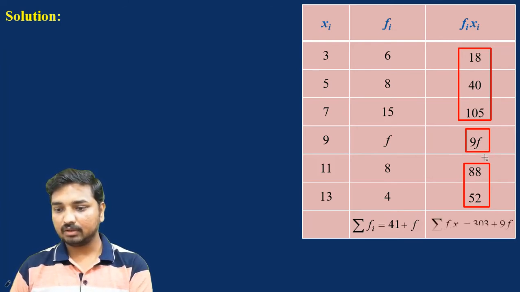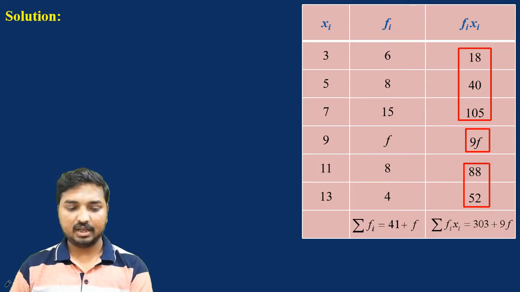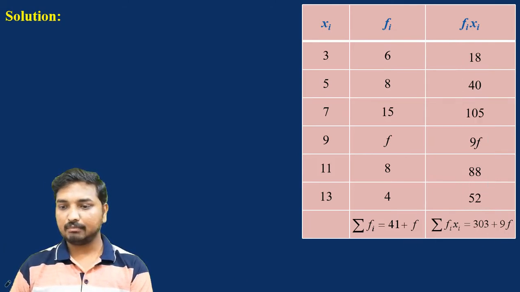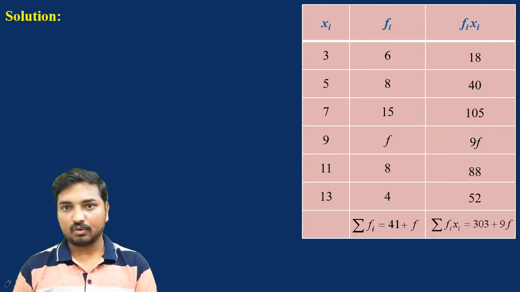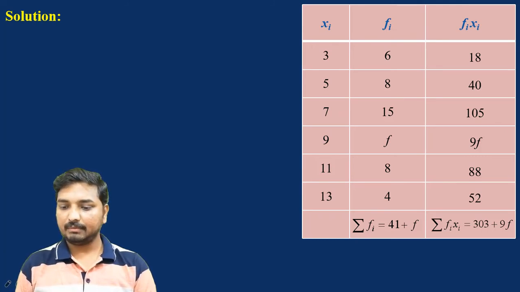If you take the sum of the 5 numbers, you will get 303, and plus 9f is there, so 303 plus 9f. This is the way to take the sum of the frequency column and the last column, that is the fi xi column. So now summation fi is equal to 41 plus f. Summation fi xi is equal to 303 plus 9f.